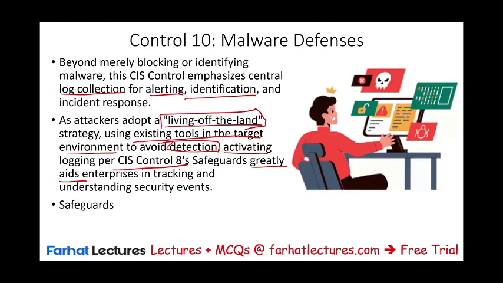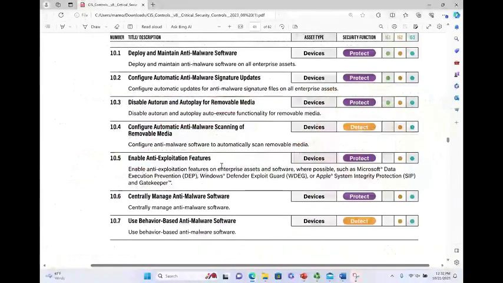Let's take a look at a few safeguards from the real world. For Control 10, we have 10.1, deploy and maintain anti-malware software. Obviously, everyone will have to do that, whether you're a small, medium, or large company, IG1, IG2, or IG3. Configure automatic anti-malware signature updates. Same thing. All companies have to have that. That's the minimum.